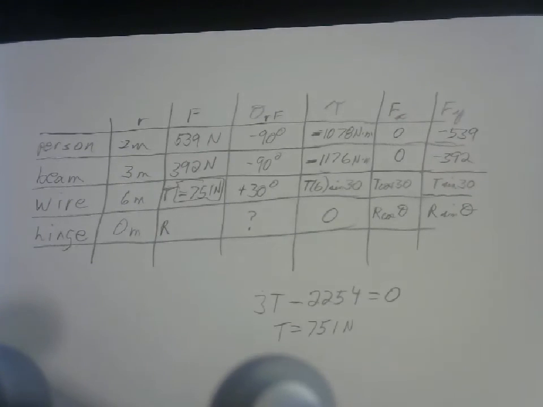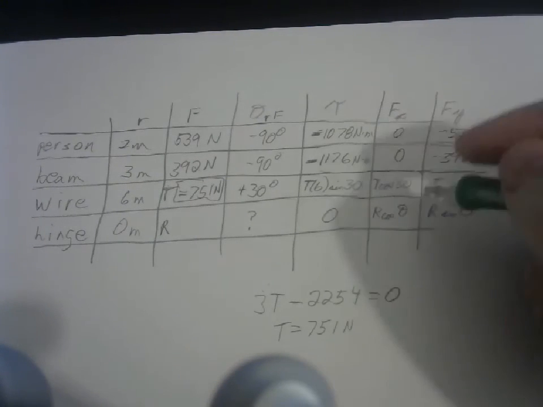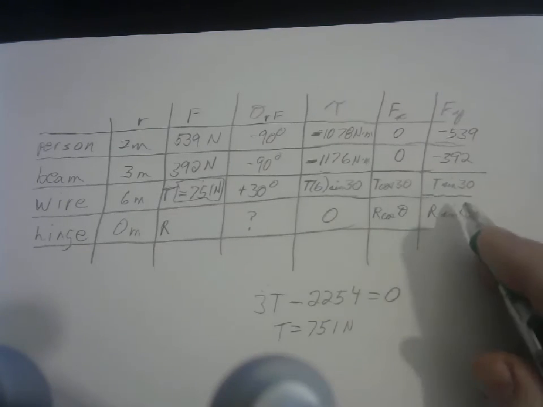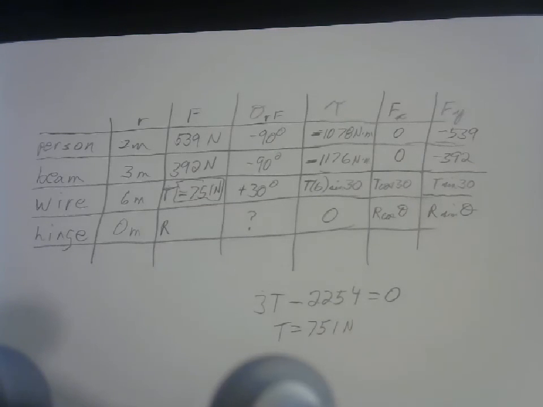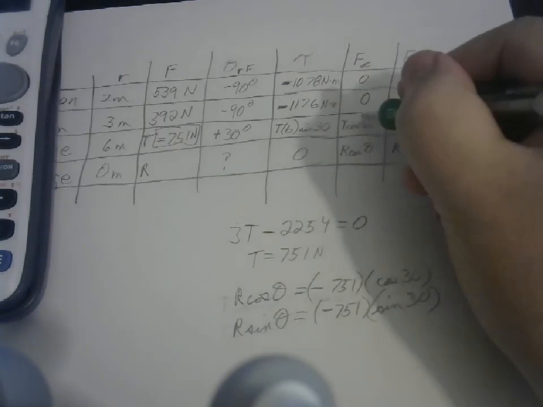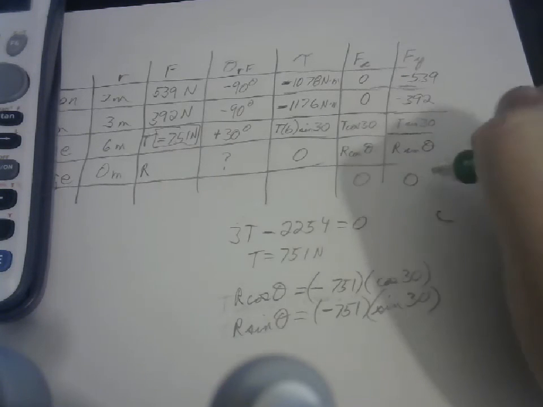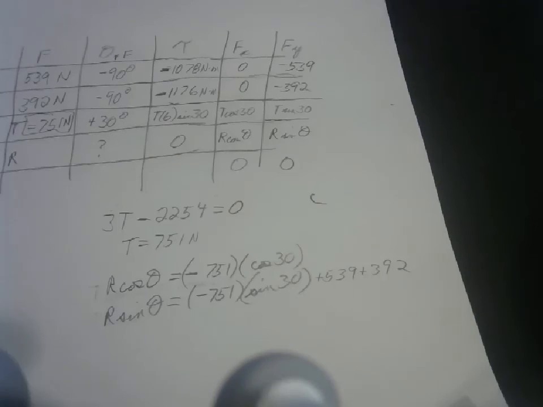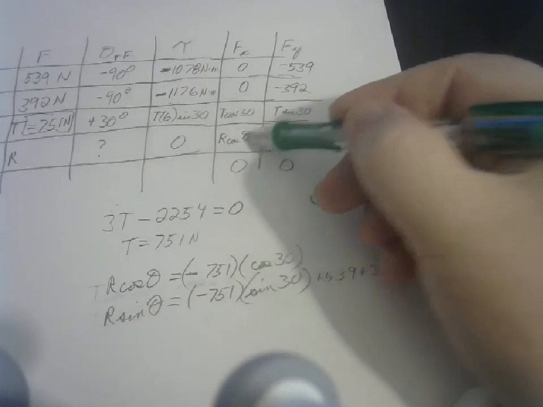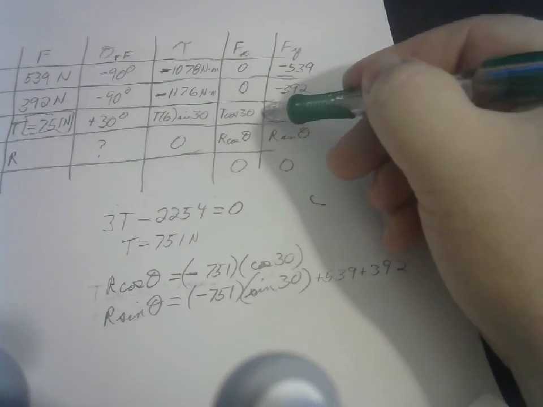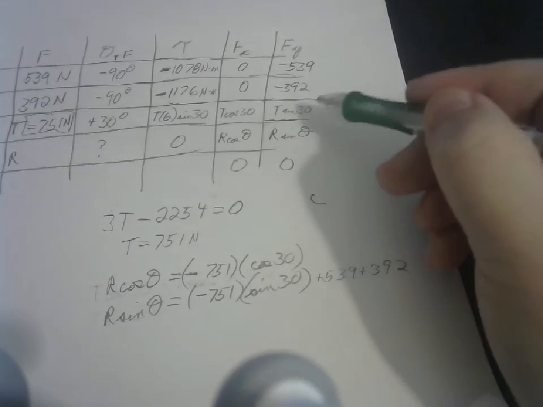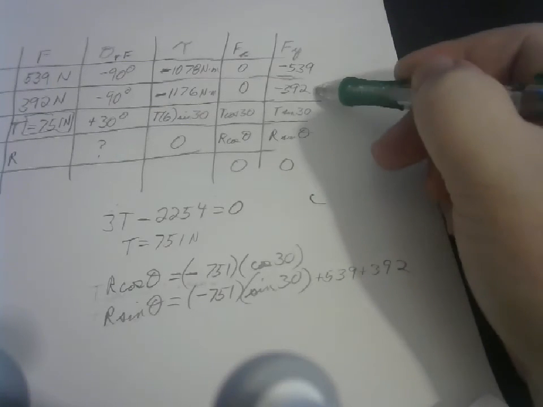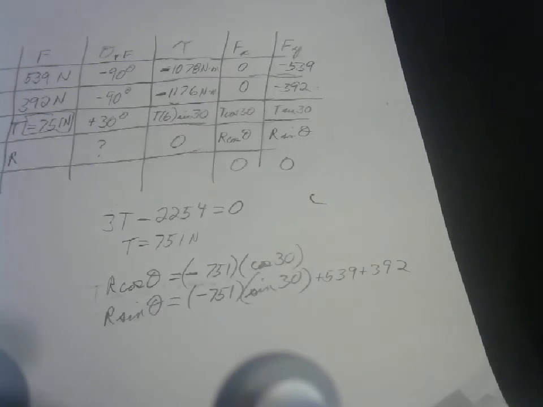Part B, we still need to solve t cosine 30 plus r cosine theta, and t sine 30 plus r sine theta. So the sum of these is 0, and the sum of these is 0. Okay. So r cosine theta is equal to negative t cosine 30, and r sine theta is equal to negative t sine 30 plus 392 plus 539.